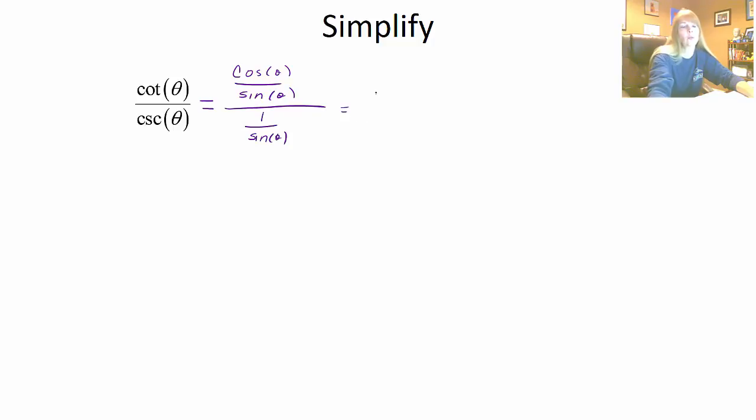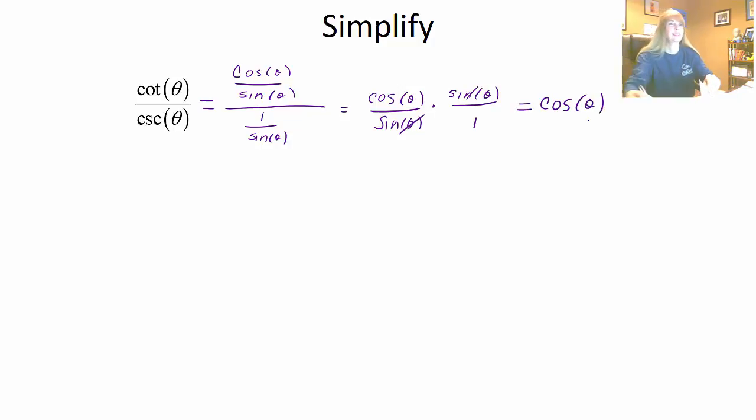As we know with fractions, when you're dividing, you flip and multiply, and doing so cancels that, and this simplifies to just cosine. Like I mentioned, you always want to first look at this and see if you see any identities that could make this look a little better. And again, go straight to turning everything into sines and cosines.